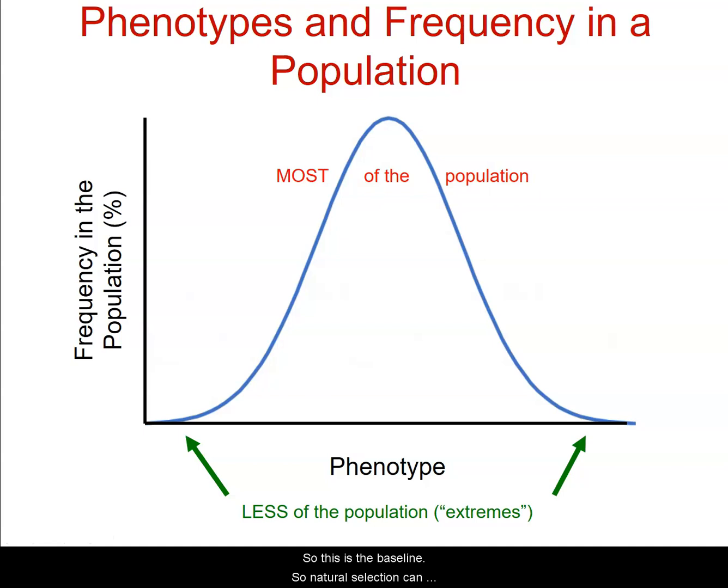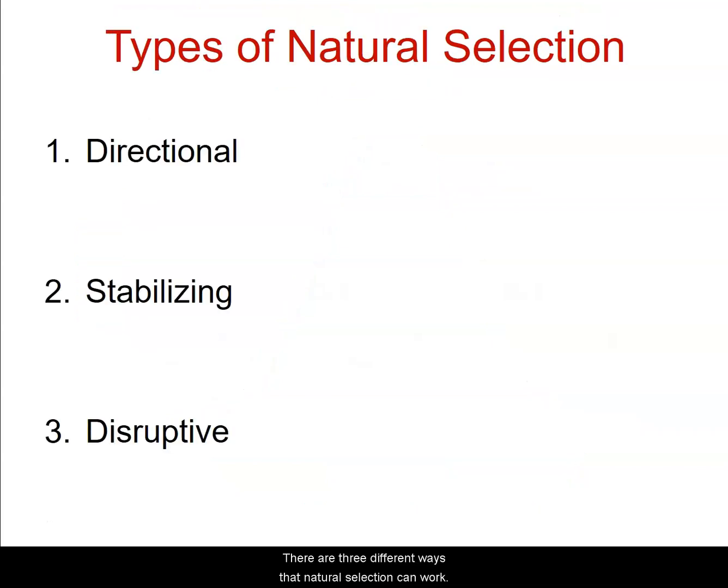So natural selection can adjust this baseline based on a given environment and the variation already present in the genome of organisms. There are 3 different ways that natural selection can work. All of these are relative to the bell curve we just drew.